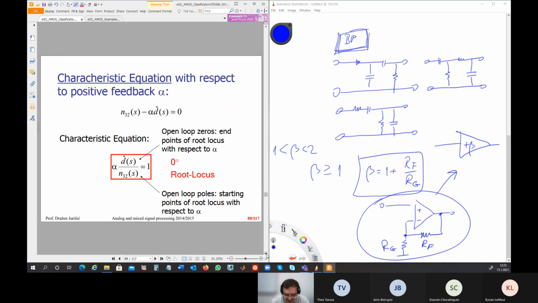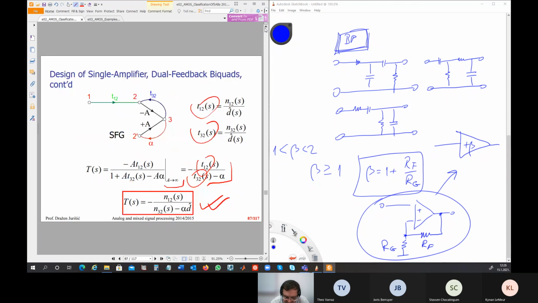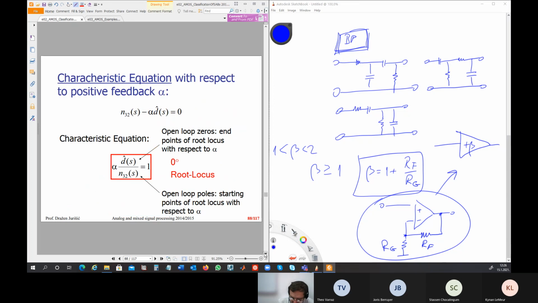Now the question is how this additional alpha will make the poles of this T of S. So now we have n3, 2 minus alpha d equal to 0 from this here. And then you can rewrite it in this form.